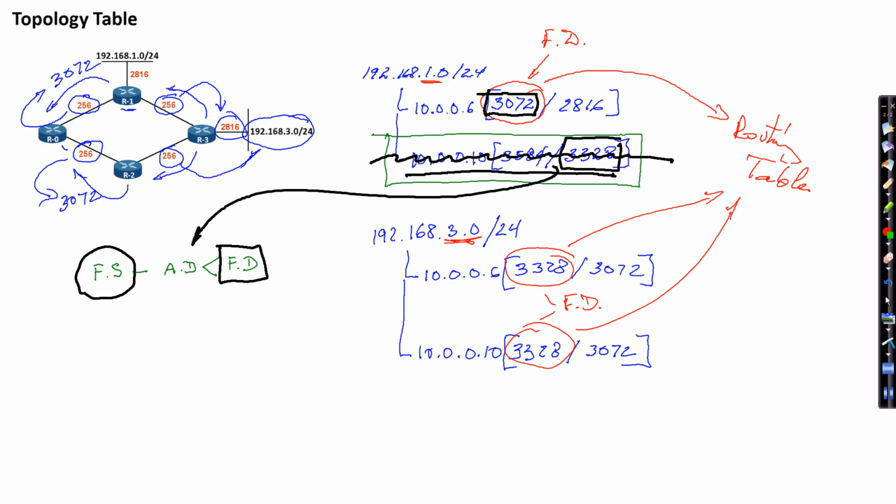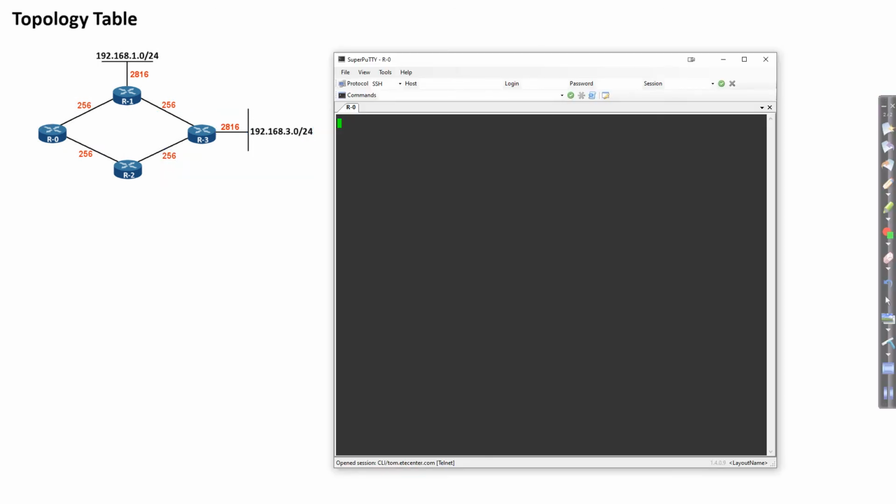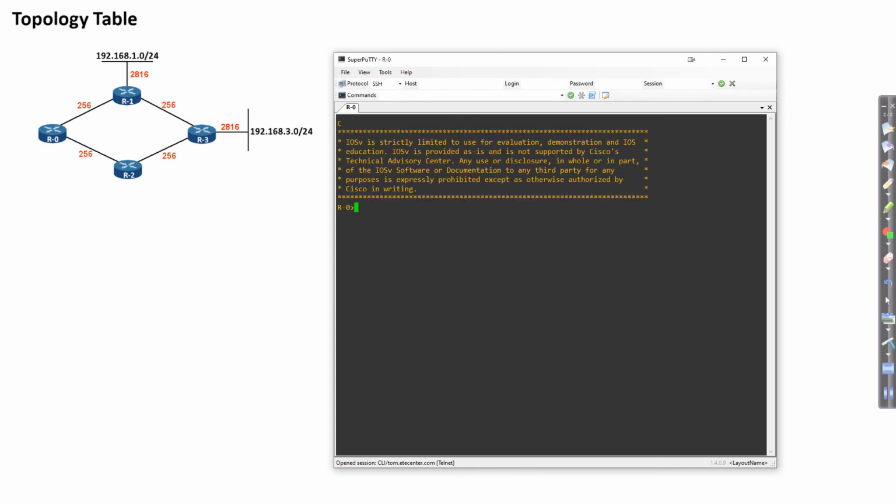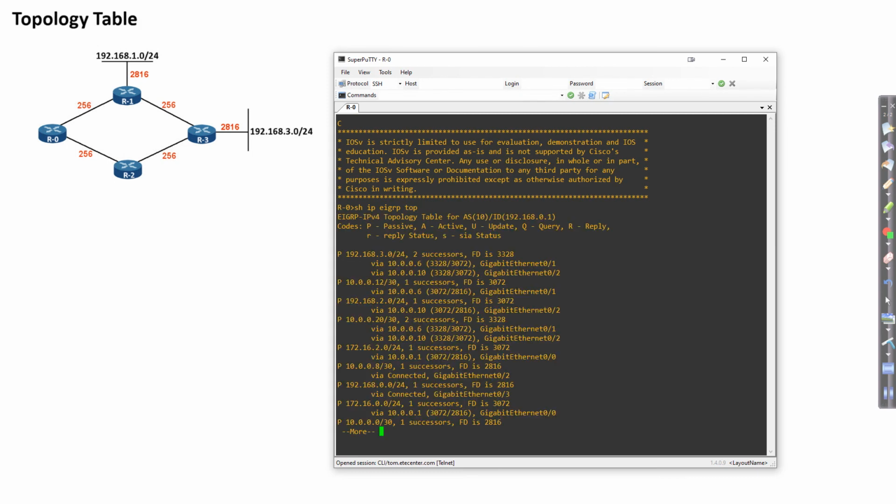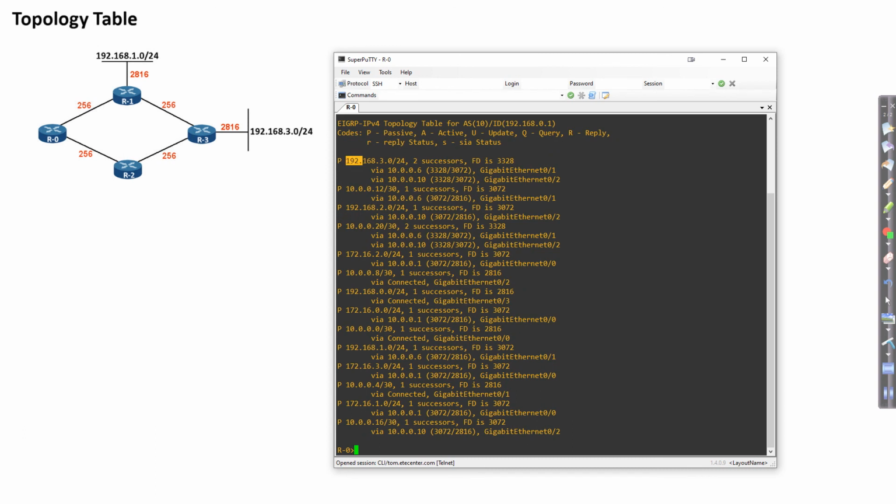Let's verify the topology table on router 0. We'll start by looking at the topology table of router 0. Here is 192.168.3.0.